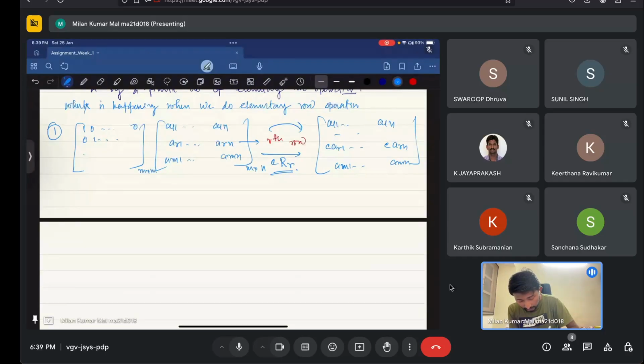This will have C at the rth place, all other entries will be 0, and 1 all the way along the main diagonal.